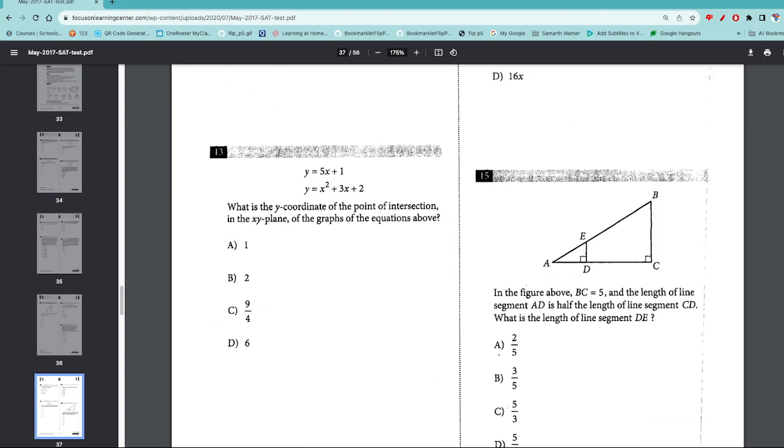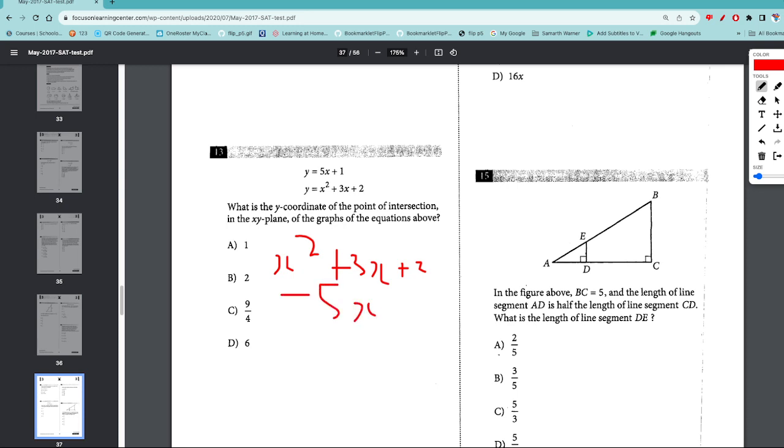Alright, this one, what is the y coordinate of the point of intersection? So you just set them equal to each other. x squared plus 3x plus 2, and then I'll just subtract the other equation so I can set it equal to 0.